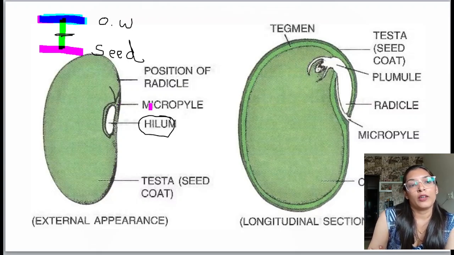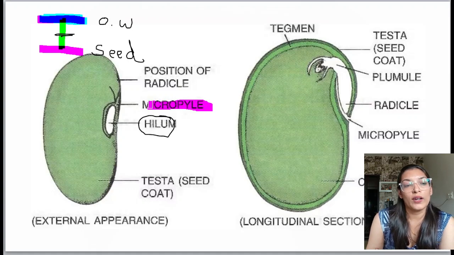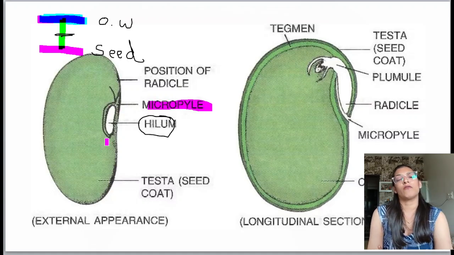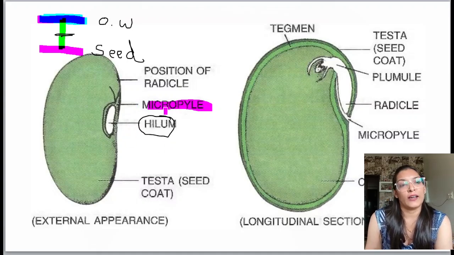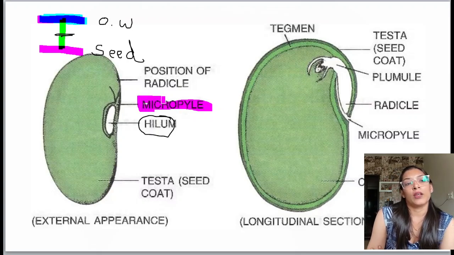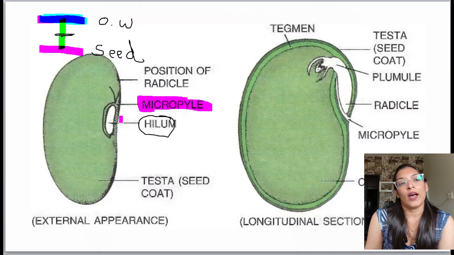Next, micropyle. Micropyle is basically a small hole-like structure. These structures are very easily observable in the case of rajma beans, which your mother must be using in everyday life. In a rajma bean, you can observe this when your mother is soaking the beans in water just before cooking.